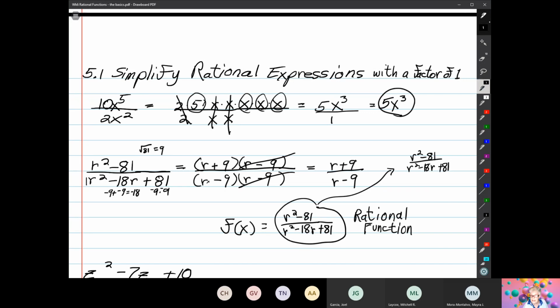I'm going to need more room. This is the rational expression right here.